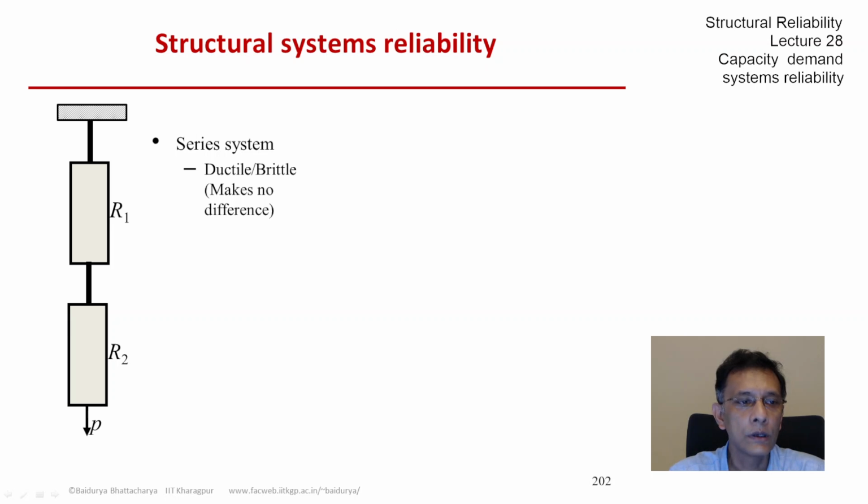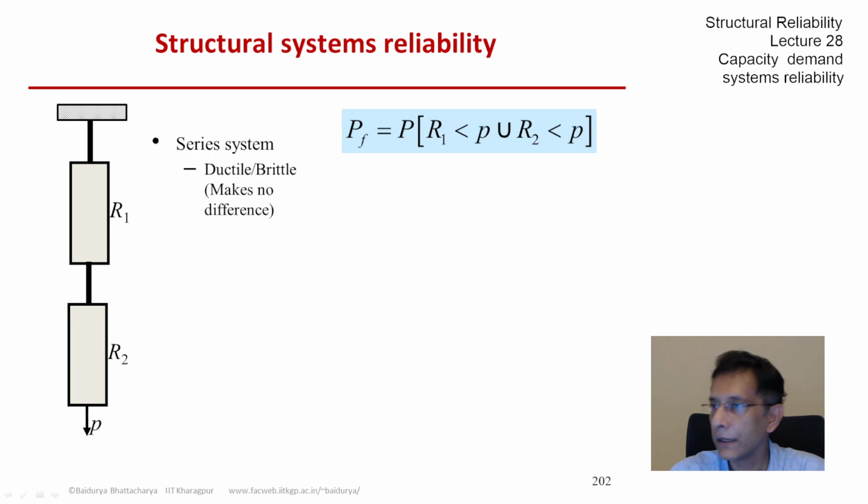It turns out, as long as we have simple series systems like this, it makes no difference, because the first failure of any of these elements is tantamount to system failure, and there is no opportunity of any residual strength. So here we make no distinction whether these elements are made of ductile or brittle materials.